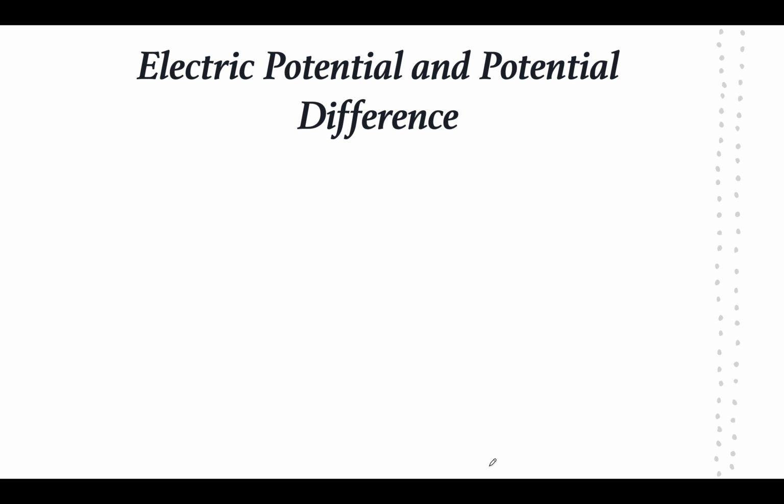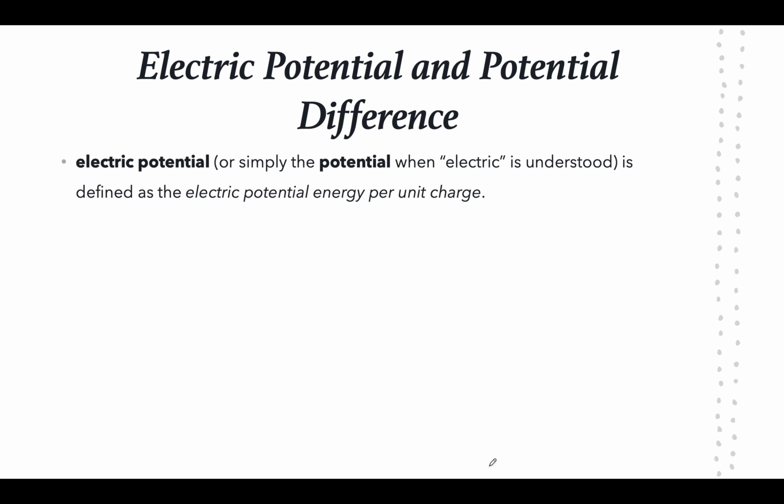Now that we defined potential energy, we can define potential. There is a tiny difference between potential energy and potential. Electric potential is defined as the electric potential energy per unit charge.